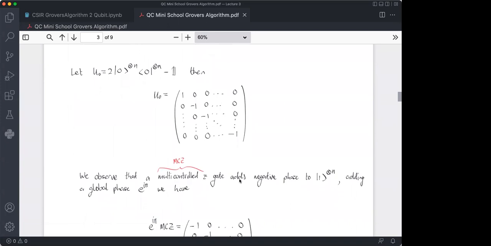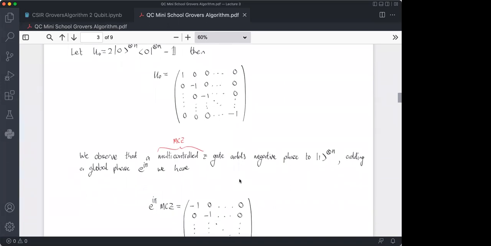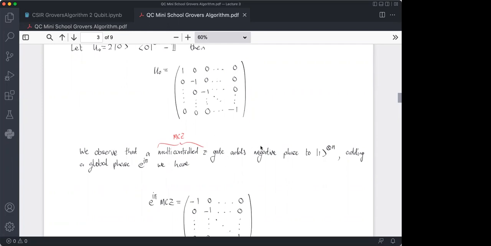If we observe that, we can use a multi-controlled Z gate, a Z gate that has controls on the first n-1 qubits and then applies a Z to the nth qubit. That type of gate will add a negative phase to the last entry in our computational basis states, the computational basis state that has n ones in it.